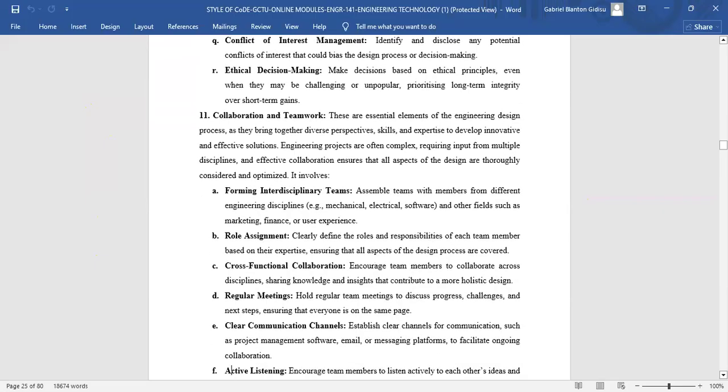So collaboration and teamwork. Forming interdisciplinary teams. I like this a lot.